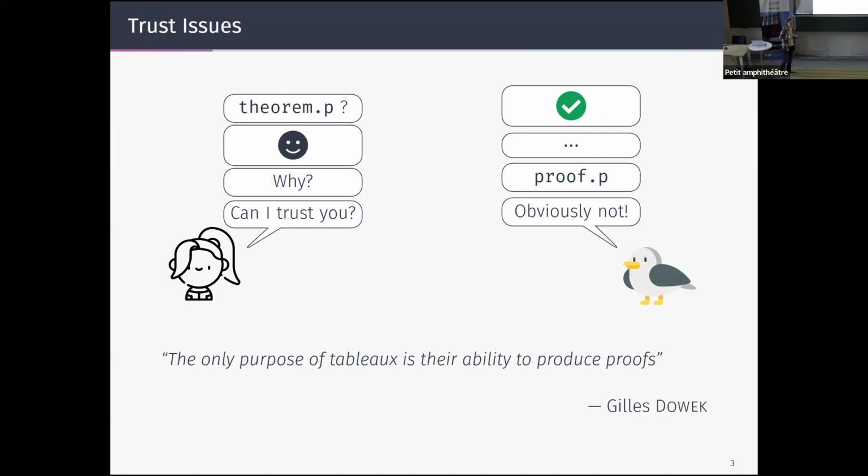And this is actually one of the first things that Gilles told me: the only purpose of Tableau is their ability to produce a proof.